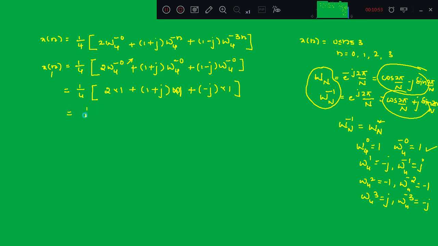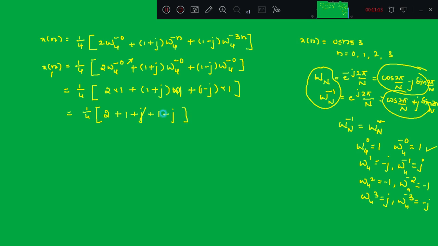How? 1 by 4. 2 into 1 is 2 plus 1 plus j, and here it is 1 minus j into 1.